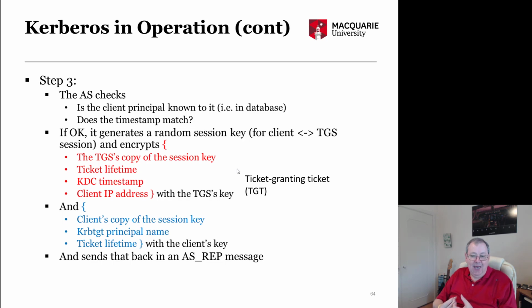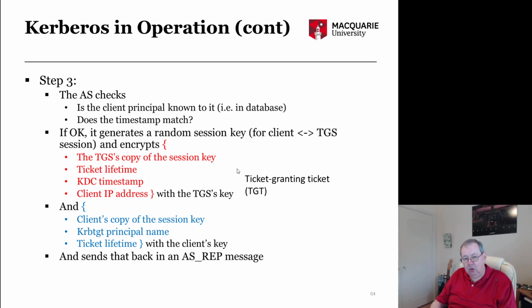It can then go ahead and it will generate a random session key, which will be used for client to ticket granting server communication. And it then assembles the ticket granting server's copy of that session key, the ticket lifetime, which might be something like 24 hours, KDC timestamp time now, and the client's IP address.